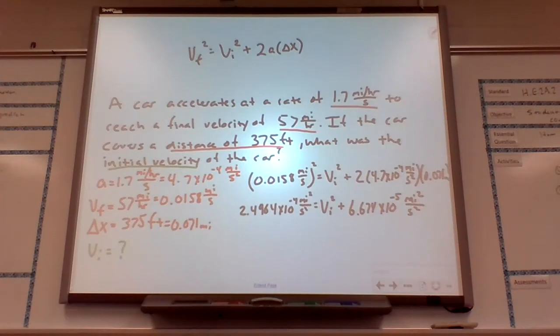Do all that. Parentheses keys. 2.4964 10 to the negative 4 minus 6.674 times 10 to the negative 5.